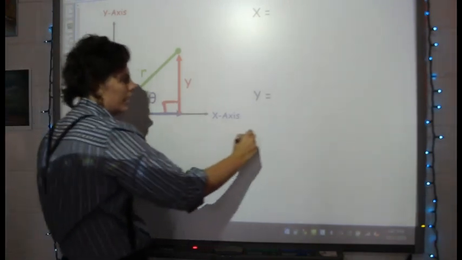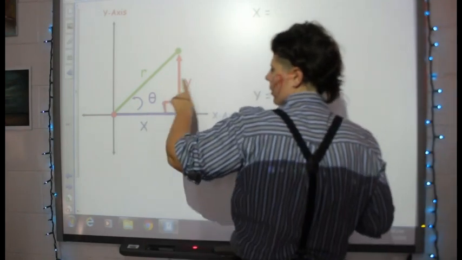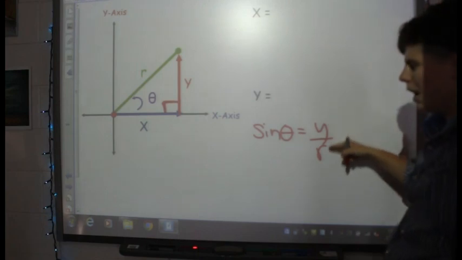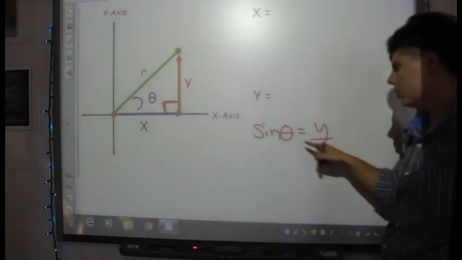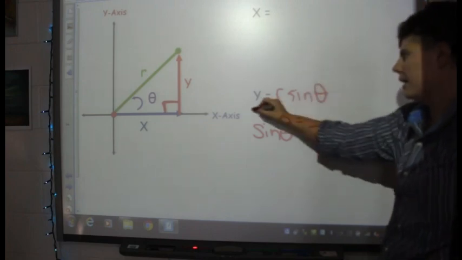So I know that sine of theta would equal y divided by r. If you wanted to get y by itself, we just multiply by r. So y equals r times sine of theta.